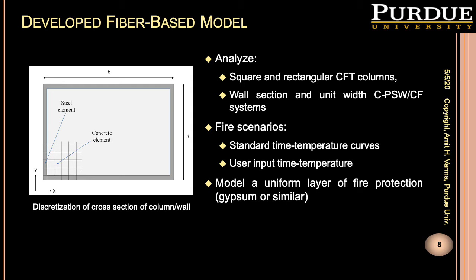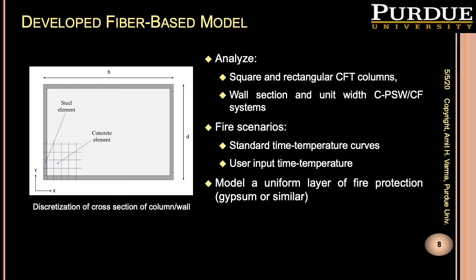This figure shows a cross-section of a concrete filled tube column with steel and concrete elements. This model can be used for square and rectangular concrete filled tube columns and composite plate shear wall systems.